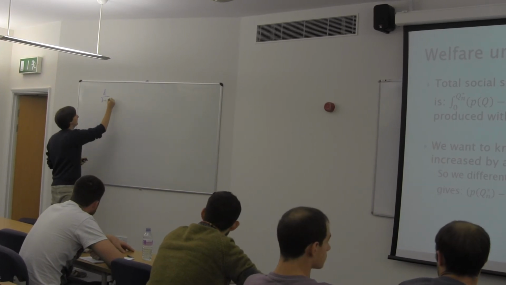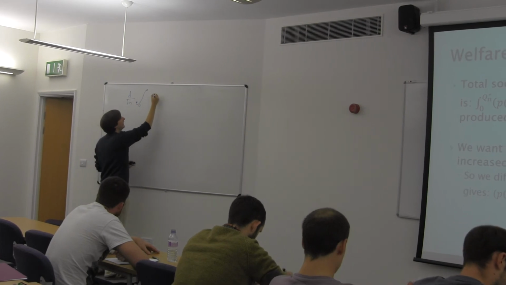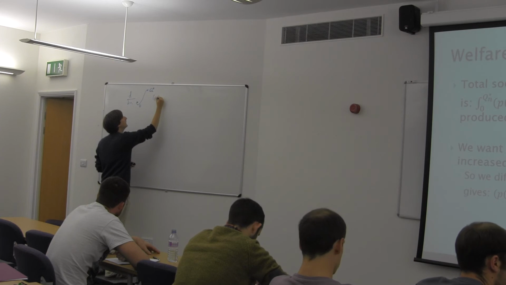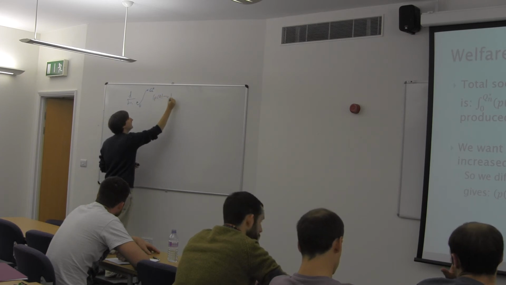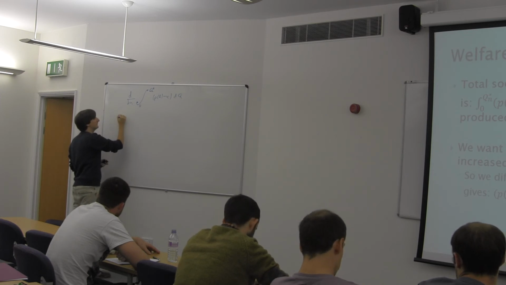So what we're doing is the derivative with respect to n of this integral from 0 up to q n star of p of q minus c dq. And we're doing that in two stages.